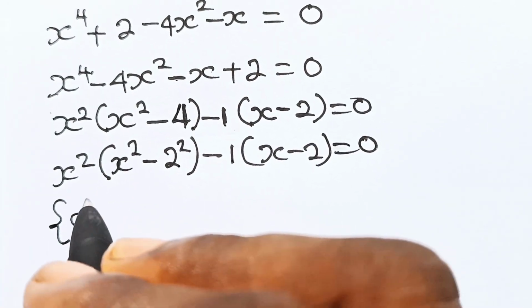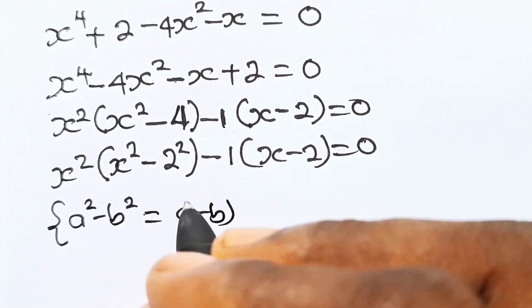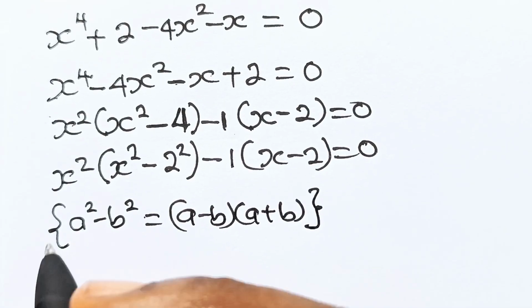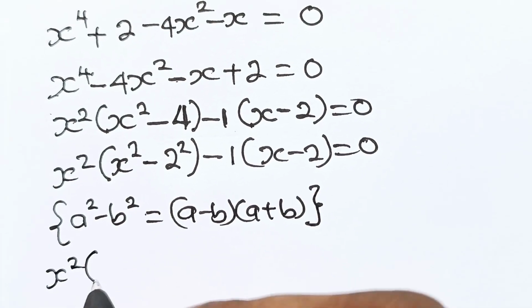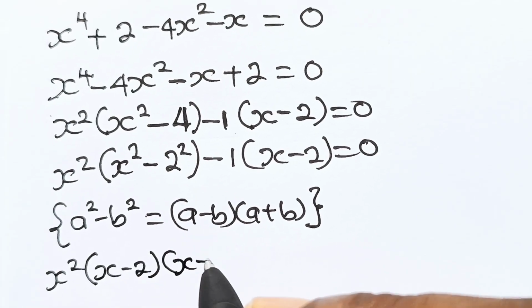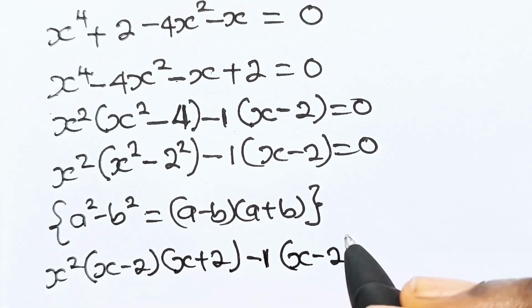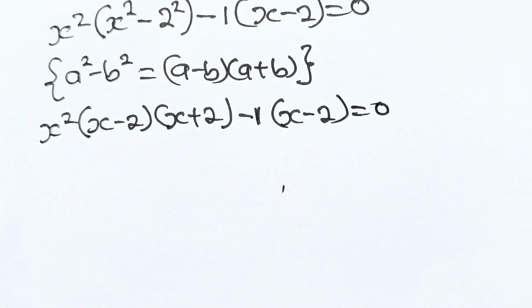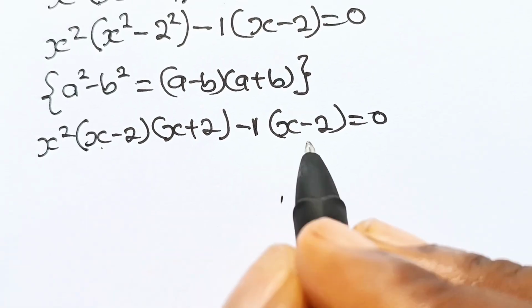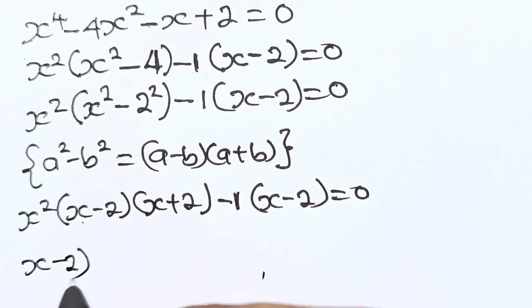Now remember that a squared minus b squared is equal to (a minus b) multiplied by (a plus b). So we have x squared bracket, so this becomes (x minus 2) multiplied by (x plus 2). Then minus 1 bracket x minus 2 is equal to 0. So they have x minus 2 in common. So we are going to bring that out.